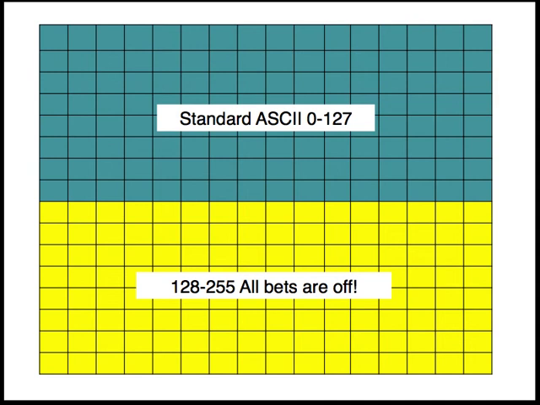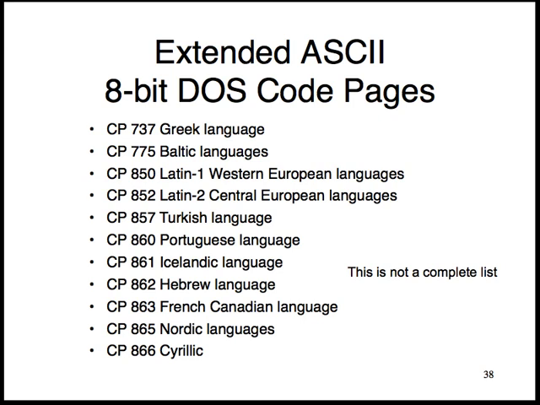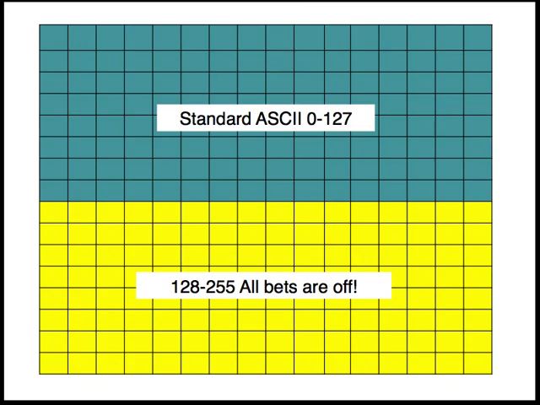And so country by country, people gave it a lash. So you had these things called 8-bit DOS code pages. Like code page 737 was for Greek. And in that, position 0 to 127 was regular standard ASCII, but 128 to 255 Greek stuff.